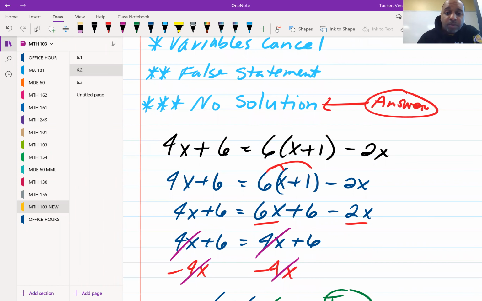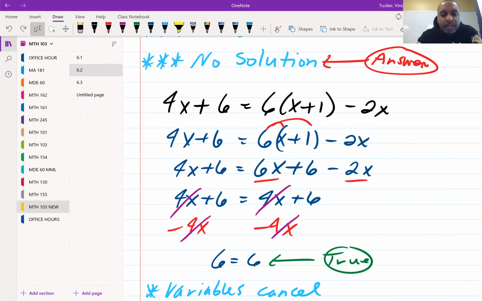So 6x minus 2x is 4x. Now subtract 4x from both sides. They cancel out on both sides and they leave us with the true statement of 6 equal to 6.